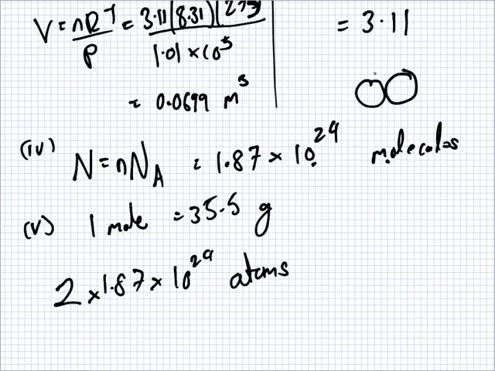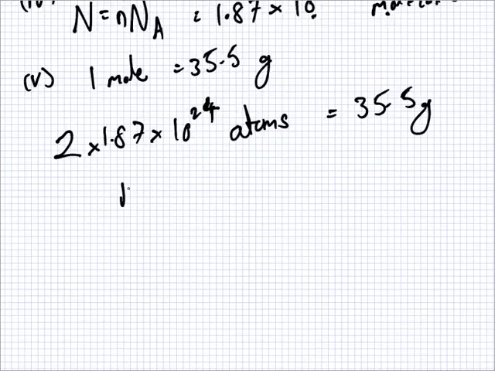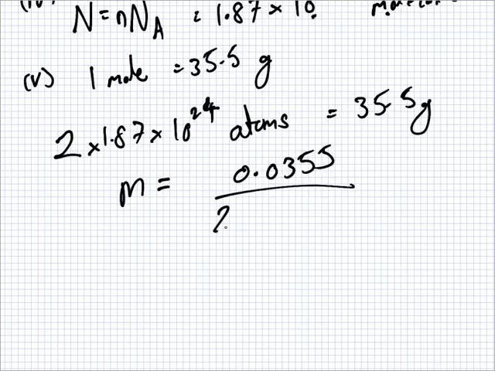So the number of atoms is actually twice this. This is equal to 35.5 grams. So then the mass of 1 atom of chlorine is 0.0355 over 2 times 1.87 times 10 to the 24. The mass of 1 chlorine atom.